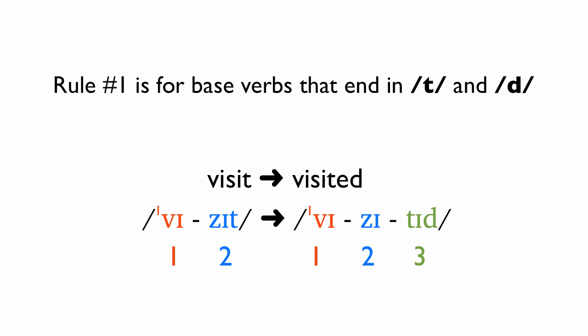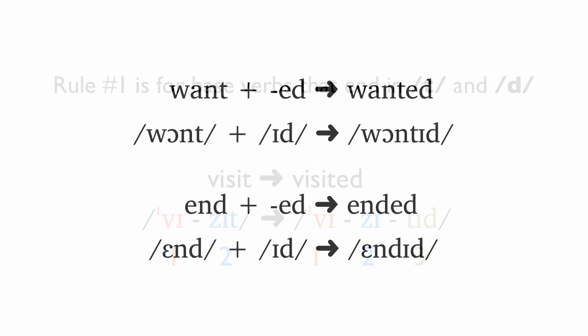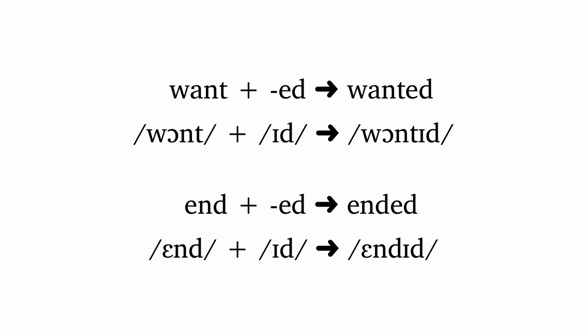When the base verb ends in t or d, we will add 1 syllable to form the past simple. Let's take a look at some more examples. Want, wanted. End, ended.